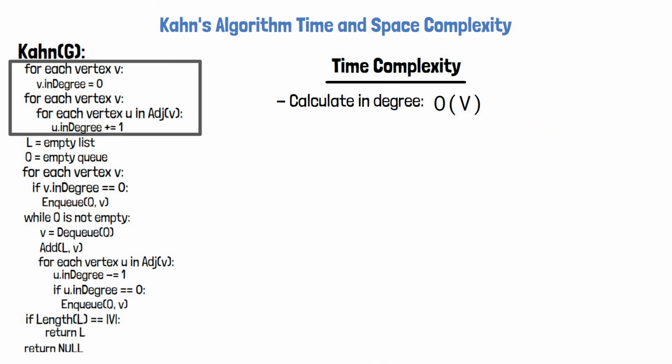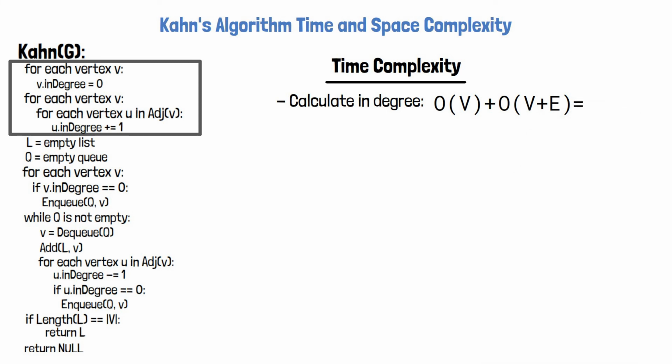The second loop goes over all vertices as well, but for each one it goes over all of its outgoing edges. For each edge doing operation of constant time. In total it goes over all vertices and all edges once, so the time complexity of this is big O of v plus e.